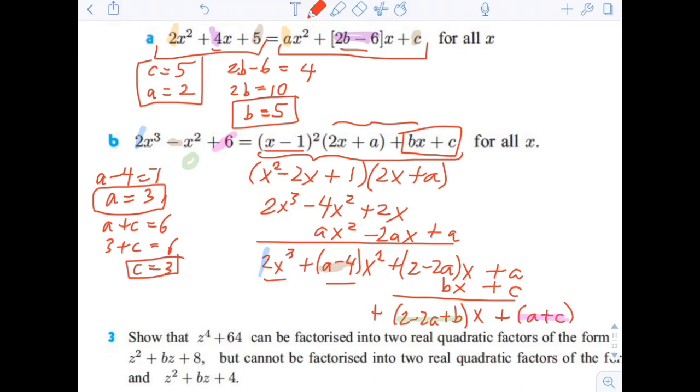So 2 minus 2a plus b is equal to 0 because the green coefficient is 0. We know a equals 3, so 2 minus 2 times 3 is 6 plus b equals 0. B equals 4.